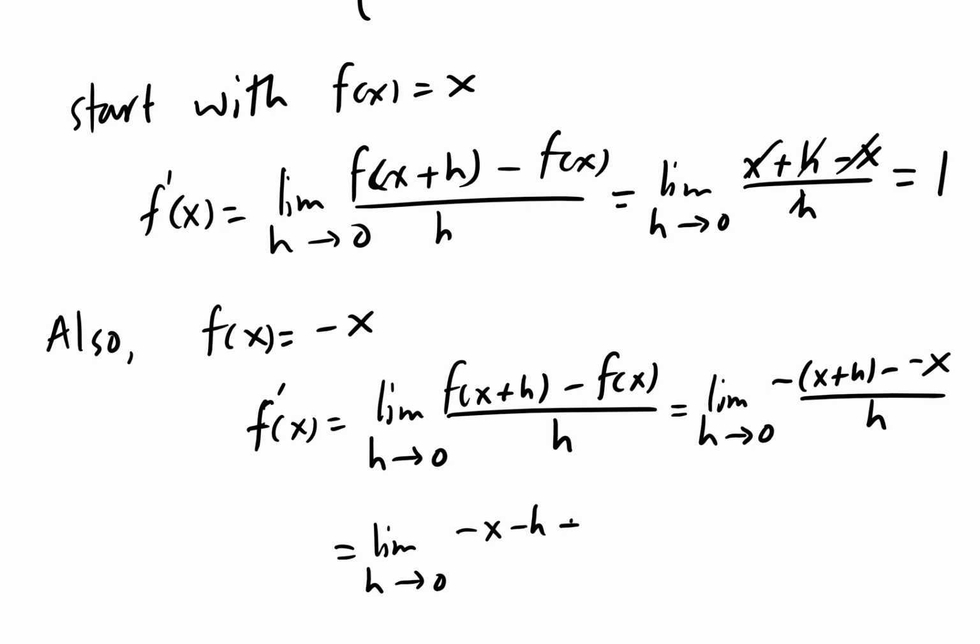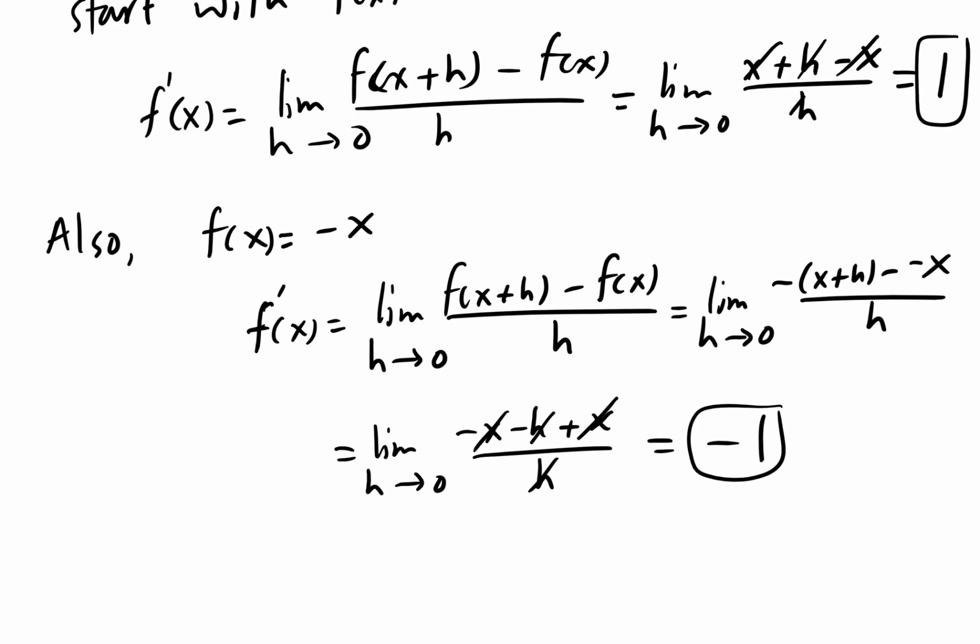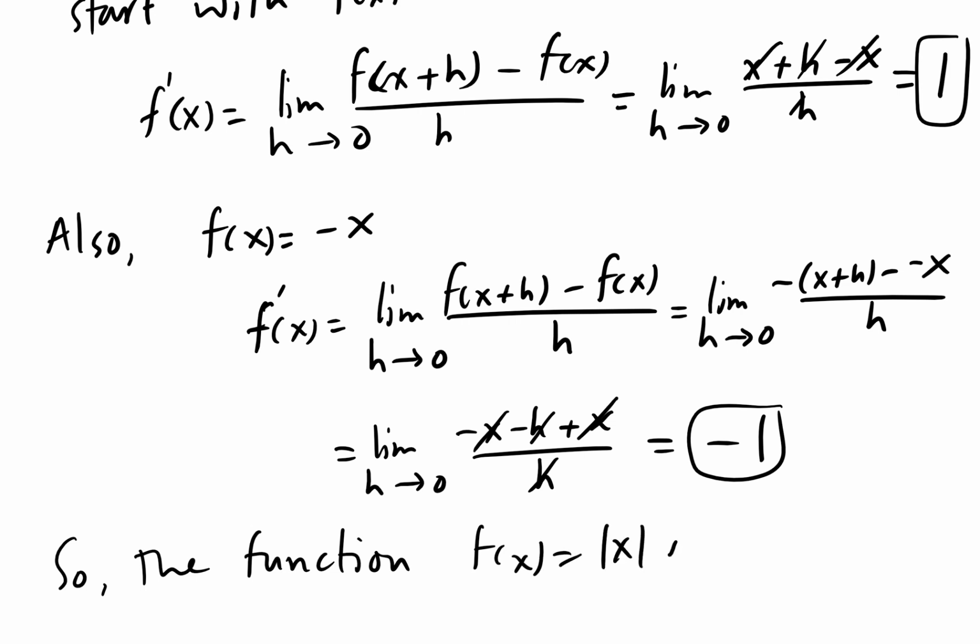Negative x minus h plus x over h. These cancel, the h cancels, that'll leave a negative 1. Since one of them has a derivative of 1 and one has negative 1, they're not the same. So we say the function f of x equals the absolute value of x is not differentiable. It's not differentiable.